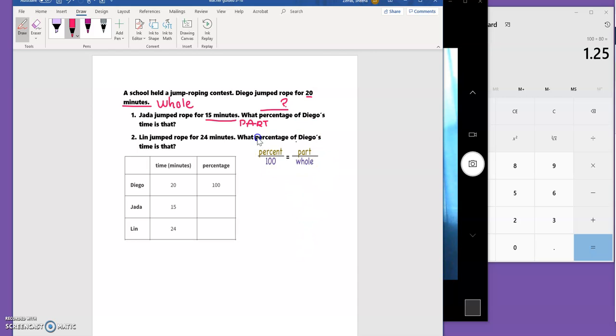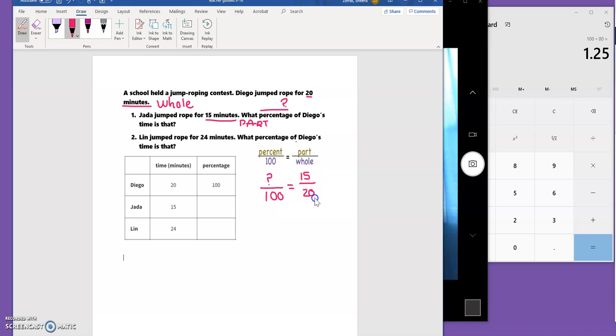Inputting my information now into the two fractions, we don't know the percent amount, which is always going to be written out of 100. And we know that our part is 15 out of 20. To identify the question mark, we can either multiply or divide to make an equivalent fraction.